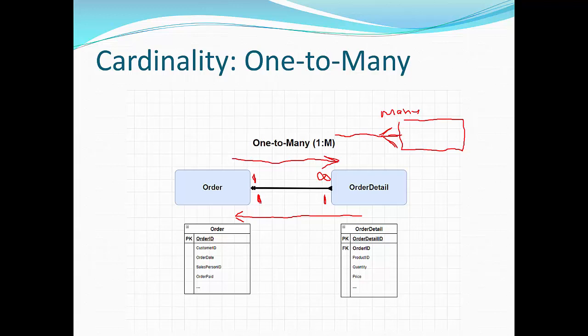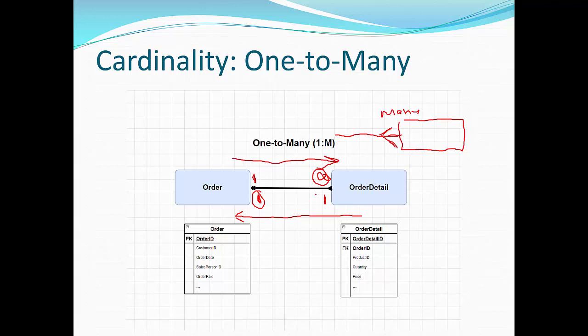So when we traverse it the other way, it's one to one. And what do we take? We take the highest on both sides. So one to many. That's how we determine that this particular relationship between order and order detail is a one to many cardinality.